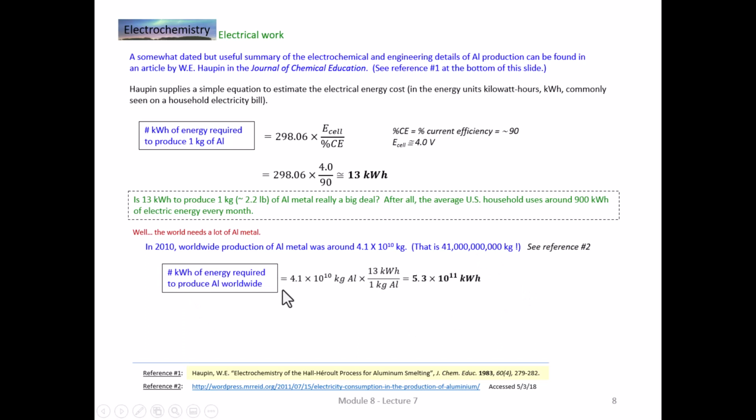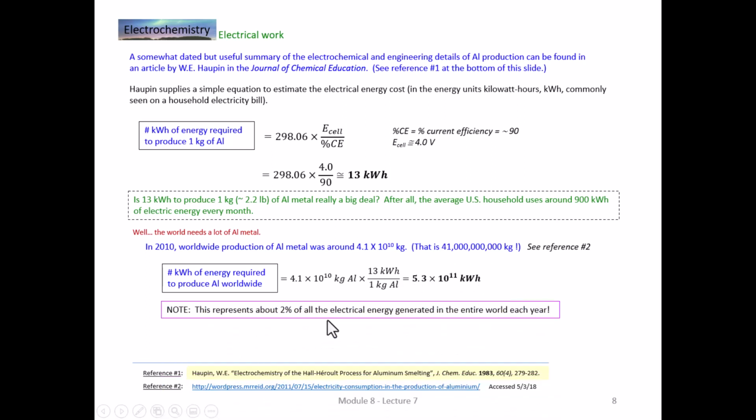If I take 4.1 times 10 to the 10th kilograms of aluminum and multiply by 13 kilowatt hours per kilogram of aluminum, I get this astronomical number of 5.3 times 10 to the 11th kilowatt hours. You might say that looks like a big number, but I'm not sure what it means.